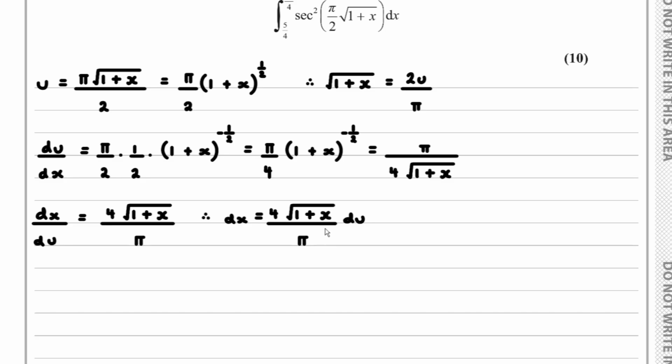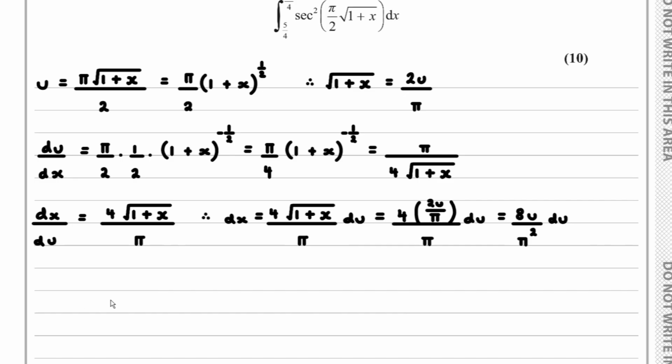And we already know what the square root of 1 plus x is. That's 2u over pi. And so, substituting that in, we have 4 times 2u over pi, all over pi, times du, which would simplify to 8u over pi squared du.